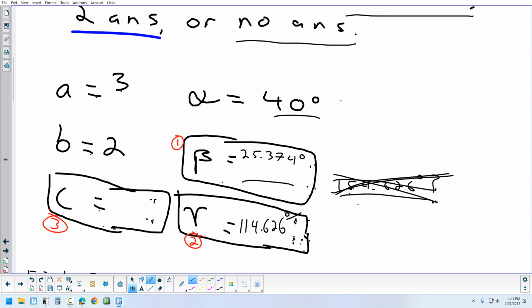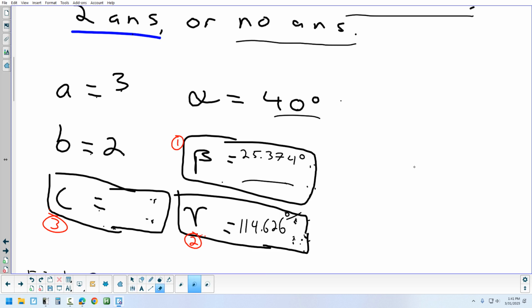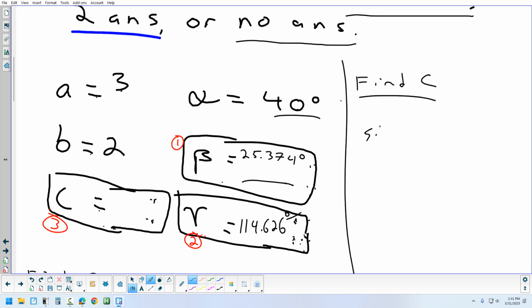So now I'm going to do it right over here. We're going to find C. So it's going to be sine 40 over 30. You want to go back to the row that was given, because we know it's right.